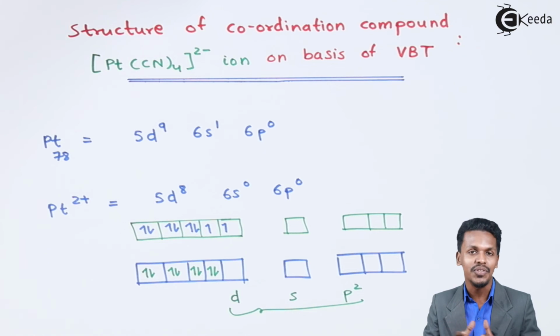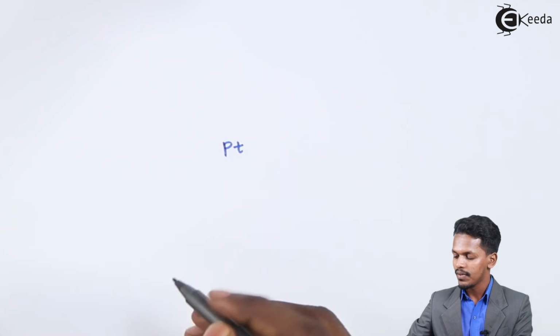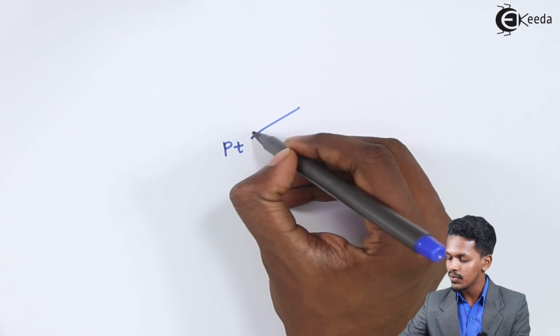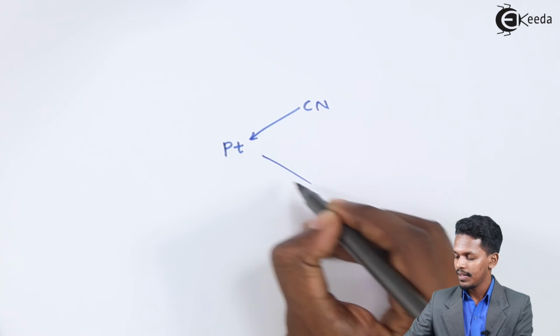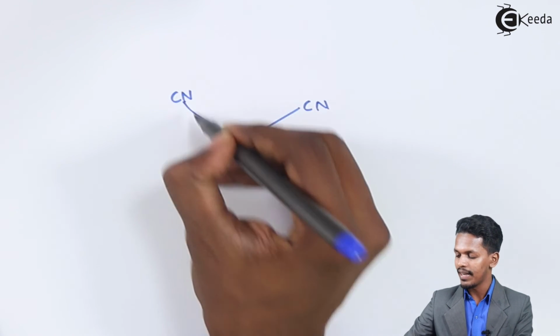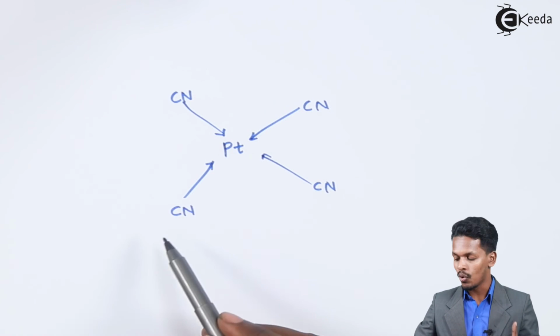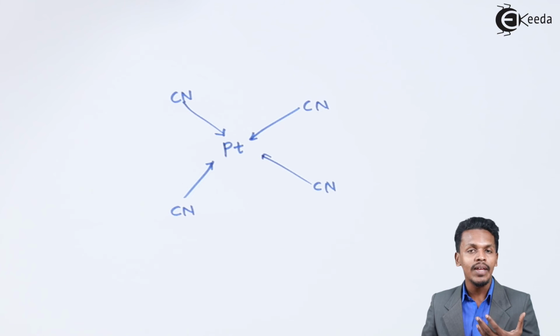So now let us draw the structure of it. The platinum will be in the middle, surrounded by the cyano ligands. So these are the cyano ligands that surround the central metal atom, and each cyanide group will give a lone pair of electrons to the central metal atom.